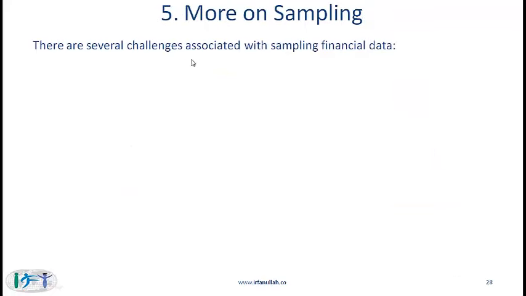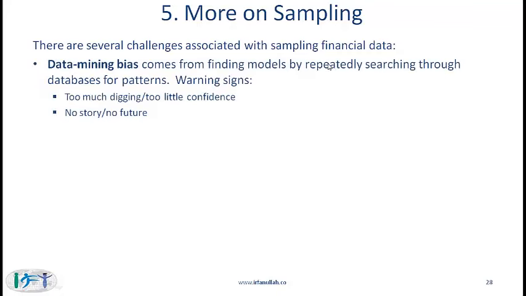And now we come to the final segment in this reading, which has to do with the challenges associated with sampling financial data. I'll simply summarize the main points. One of the challenges is data mining bias, and this data mining bias comes from finding models by repeatedly searching through databases for patterns. The warning signs include too much digging without any real confidence and the lack of economic justification.